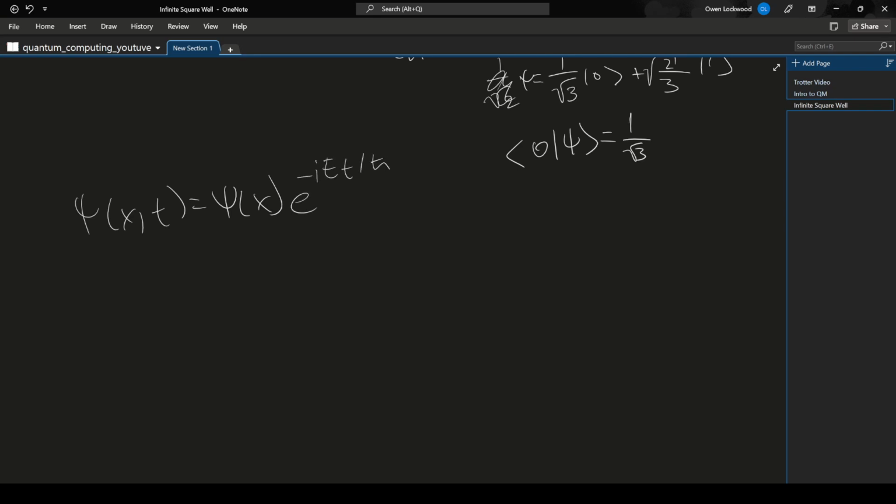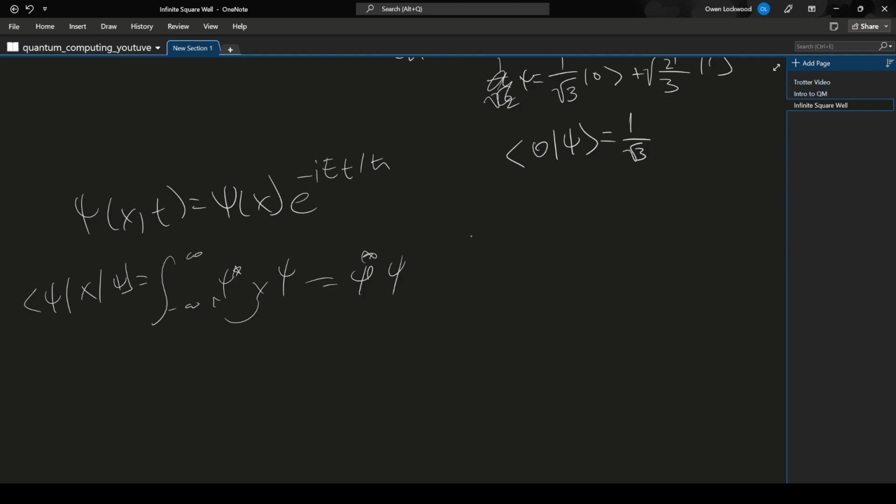In a lot of cases, if we want the probability or the expectation value of some operator, we'll integrate from negative infinity to infinity. If it's the position operator x, we'll have psi star x psi, and x will get brought out, and we'll have psi star psi.